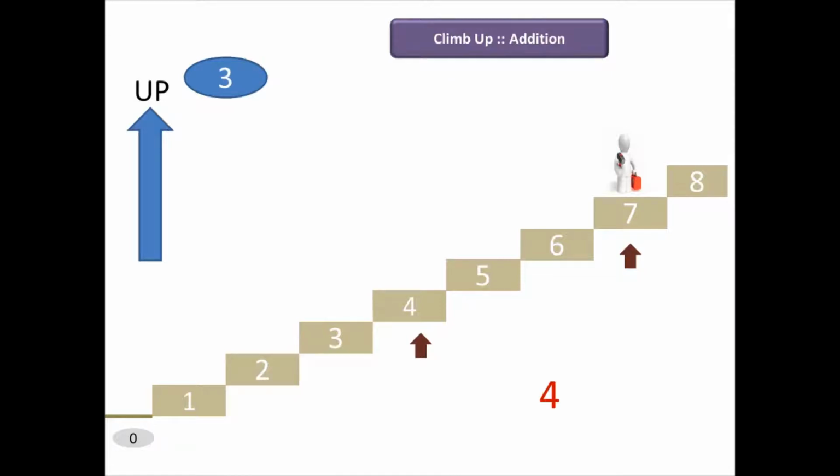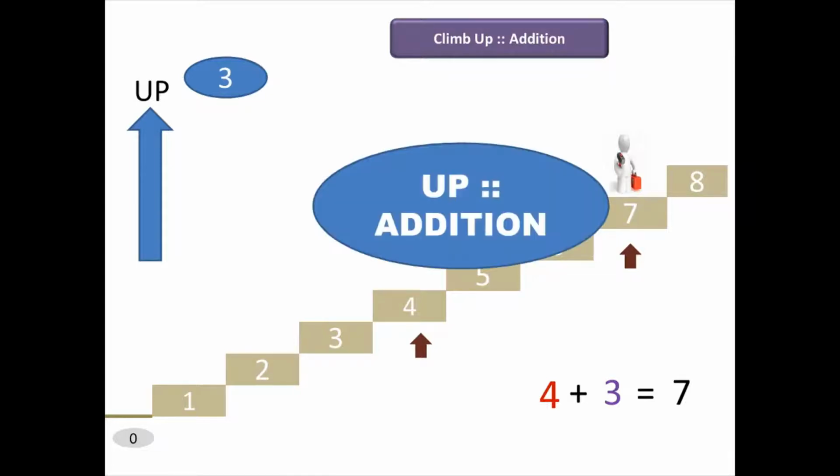So how we'll write it? 4th floor he was on. Somebody asked him to climb by 3 more floors, and currently he is on 7th floor. So we'll write in mathematics 4 plus 3 equals to 7. Okay, so whenever we climb up or we go up, we do addition.